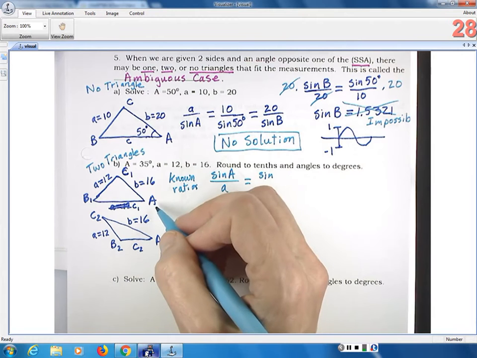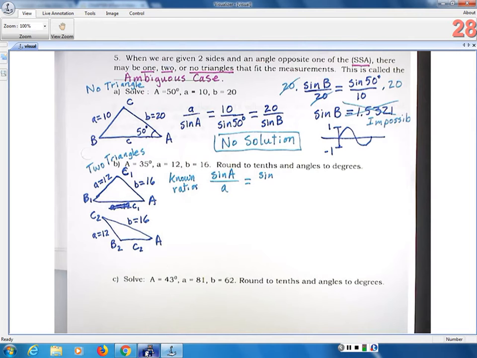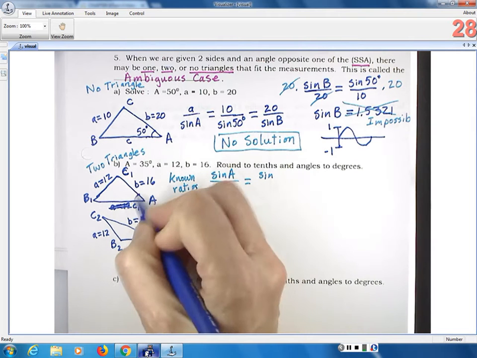I'm looking at the wrong one. Oh, I should label A. A is 35 degrees.